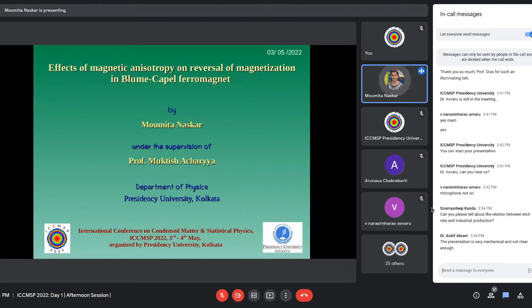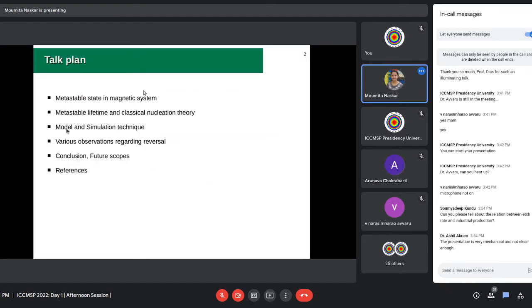So, good afternoon, everyone. I am Noshkar, a PhD student from Presidency University, Kolkata. Today I am going to talk about effects of magnetic anisotropy on reversal of magnetization in a Blume-Capel ferromagnet. First, let me mention the plan of my talk. First, I will briefly discuss the metastable state in a magnetic system, its lifetime, and the associated classical nucleation theory, which explains such dynamical problems nicely.